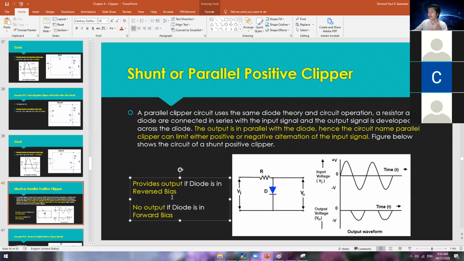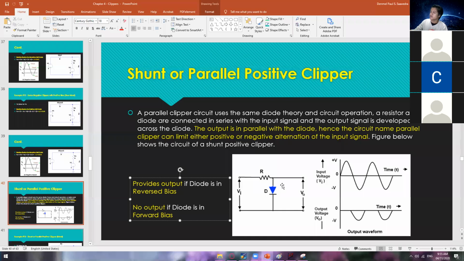In a series clipper, it will only give you a voltage output if it's in forward bias, but in a parallel clipper, it will not give you a voltage output if it's in forward bias. It will only give you an output if it's in reverse bias.